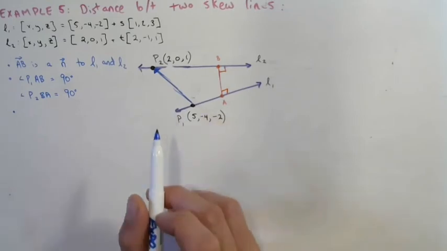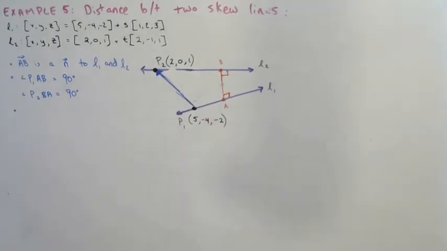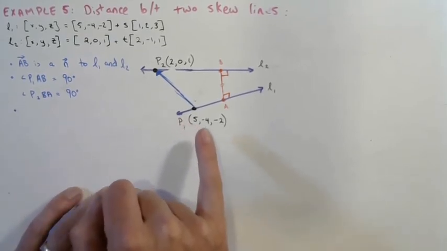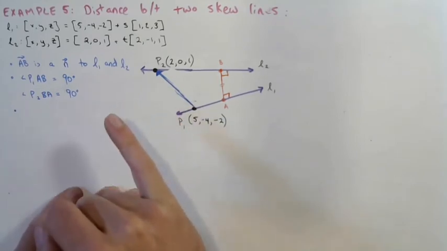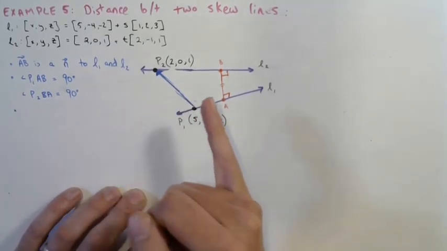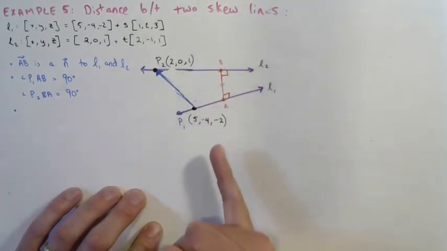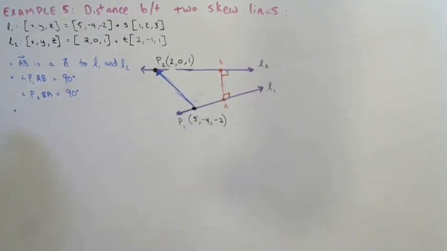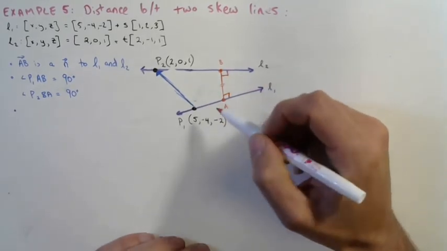This next part is a little bit tricky, but what I'm going to explain is that the projection of P1P2 onto any vector in the same direction as AB has the same length as the vector AB. I said it, but I'm going to draw it out for you. So we're going to take some normal.